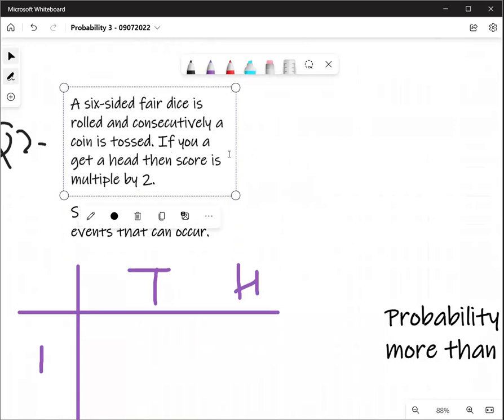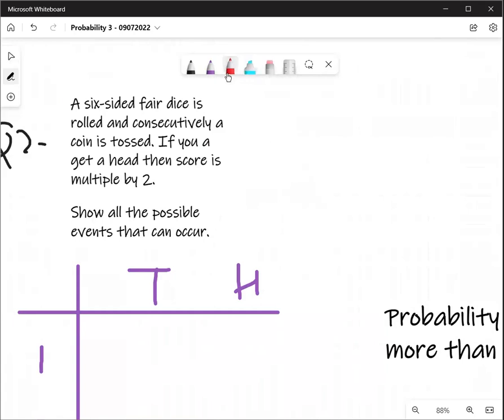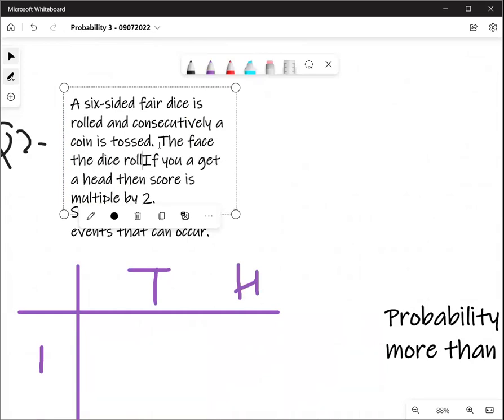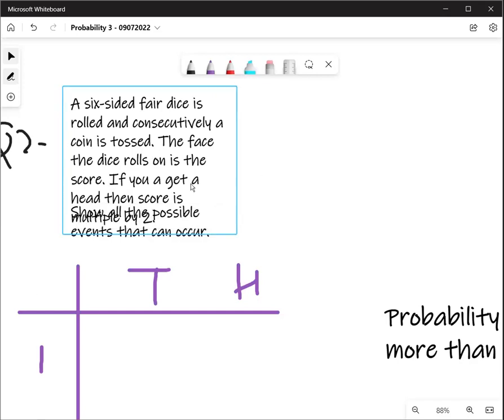Yes, you can. Anas, read the question. A six-sided fair dice is rolled and consecutively a coin is tossed. If you get a head, then the score is multiplied by 2. Shall I read the question again?